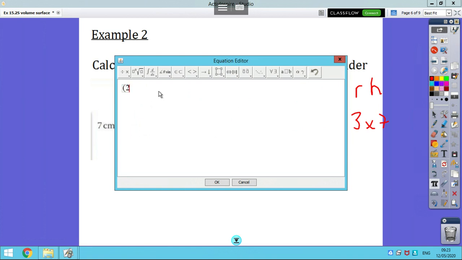So 2 times, there's my pi, times 3 squared, and then close that bracket, and then plus, open the bracket, 2 times pi times 3 times 7, and then you close the bracket.